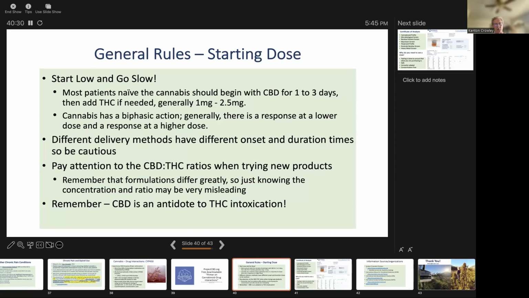When you take something orally, you can get 100% of that THC being converted to 11-hydroxy. So depending on the route of administration, you can have huge differences using the same product.